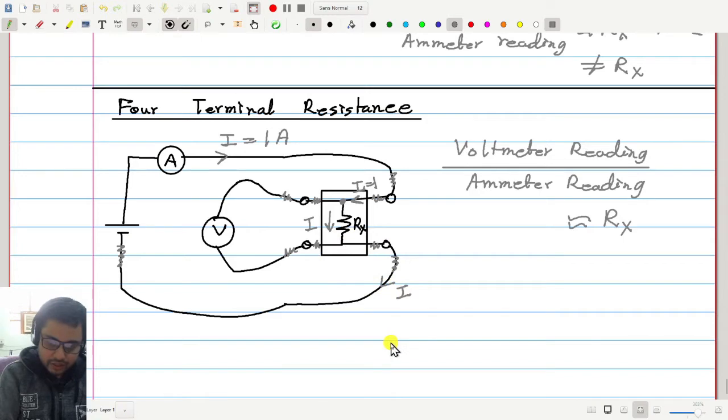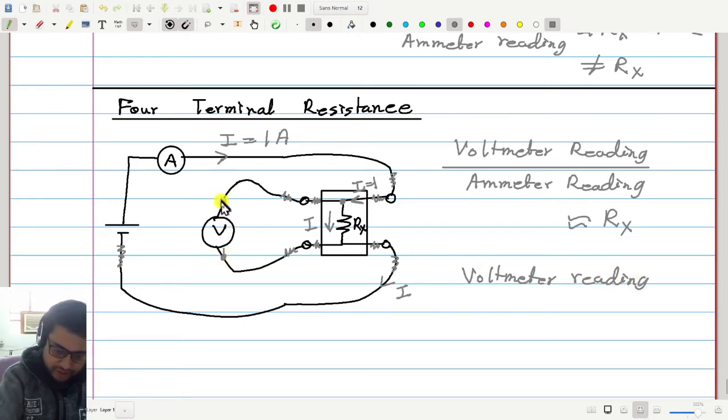Okay, and now voltmeter reading. How much is the voltmeter reading? The voltmeter measures the potential difference between these 2 points.